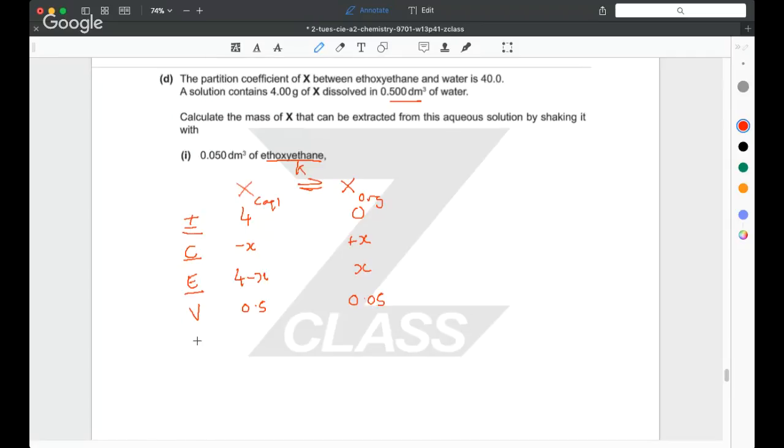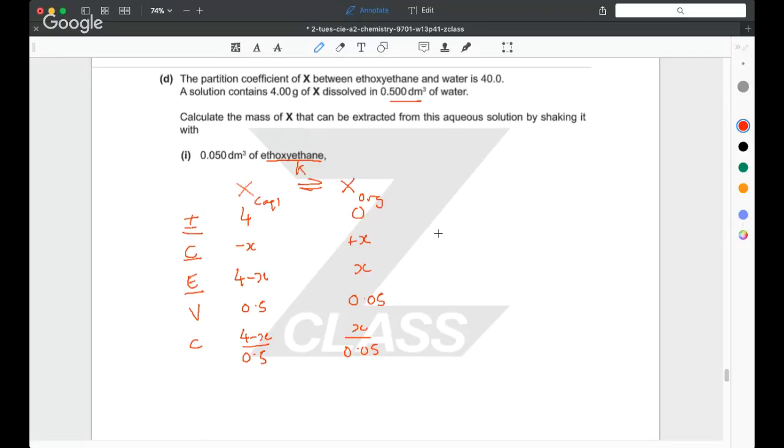And so the concentration for the solute X in the aqueous phase is 4 minus X divided by 0.5. That gives us our concentration. That's grams divided by volume. And here you've got X grams, and that's now in 0.05 of a decimeter cubed.